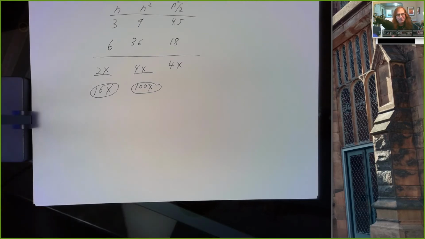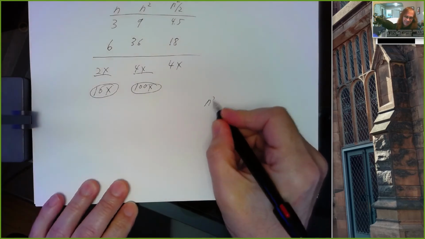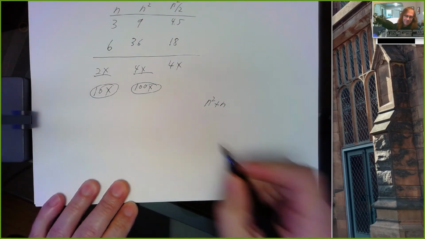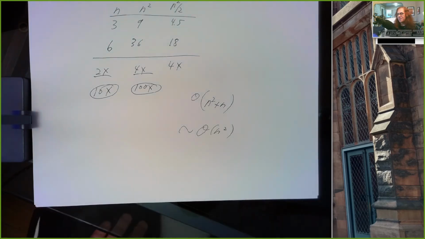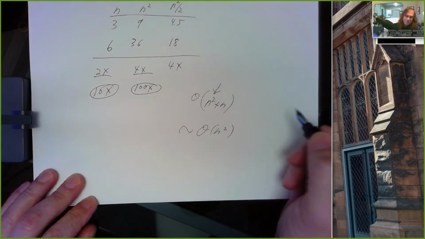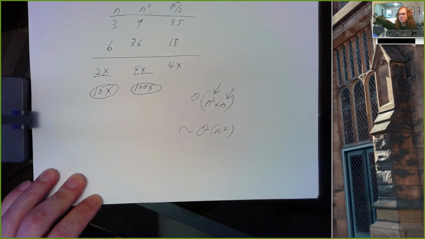A constant multiplier is not going to affect the quadratic term. And if we found something like n squared plus n, that's going to end up being about the same as n squared, because as n gets really big, this becomes so much more significant than that.